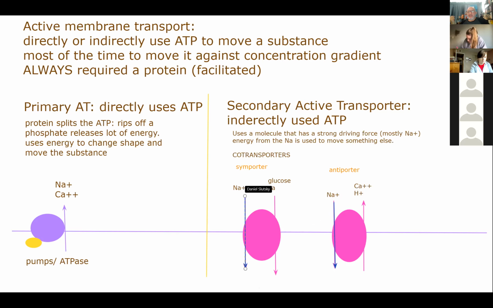But that means for these to continue to work, as soon as that sodium comes in, I have to kick that sodium back out. If I don't kick that sodium back out, it won't want to come in anymore, and I can't get it to do work. And can I just get sodium out of a cell using hope?